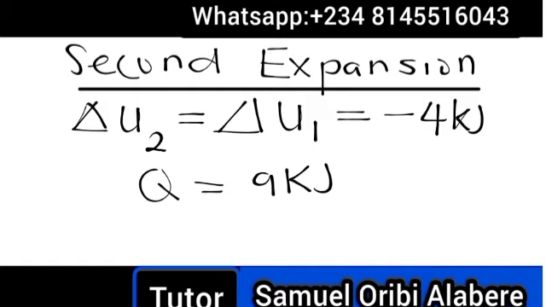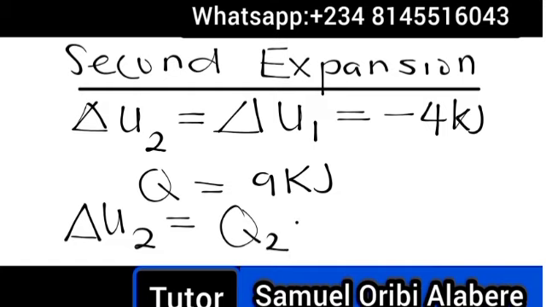In order to find the work done in this second expansion, we are going to apply the first law of thermodynamics. Applying that, it will give us delta U subscript 2 equal to Q subscript 2 minus W subscript 2.